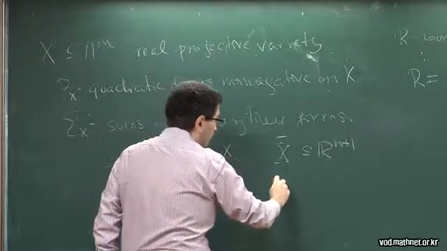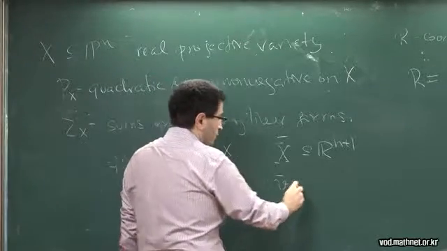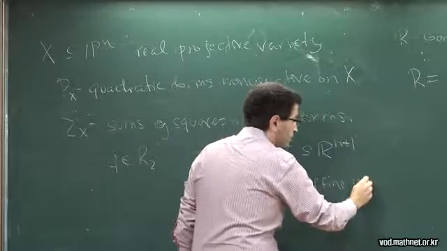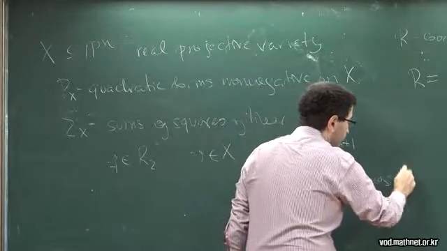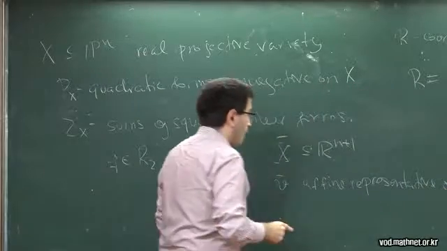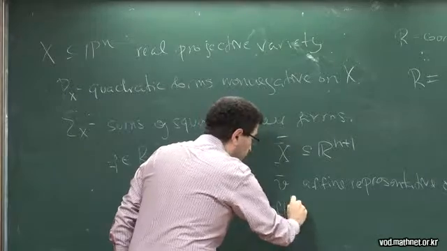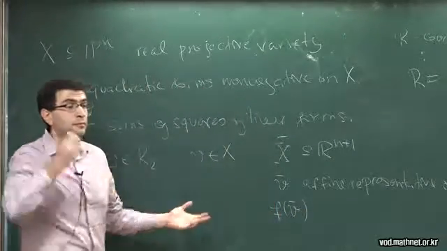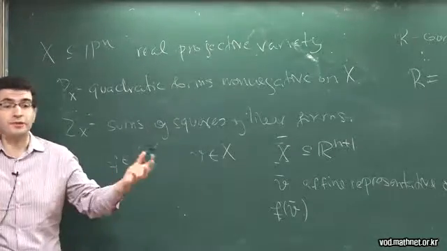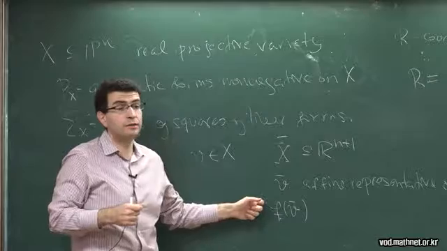So I can take v bar, an affine representative of v. And now, of course, I can evaluate f on v bar, right? That's not a problem. So now I can talk about f being non-negative on v bar.